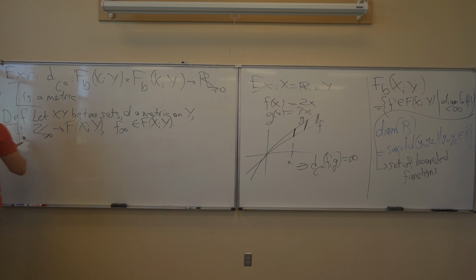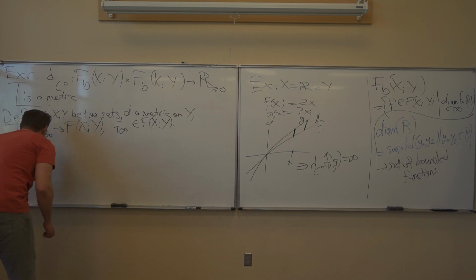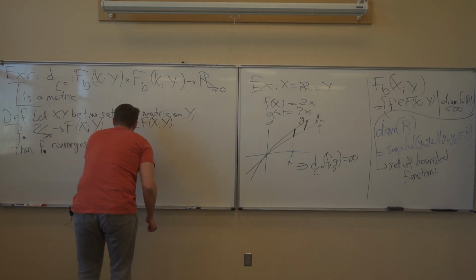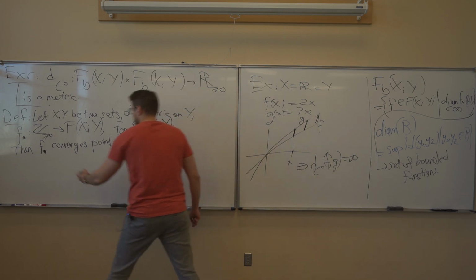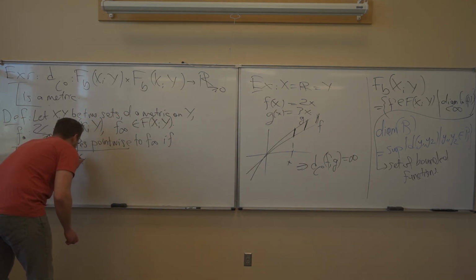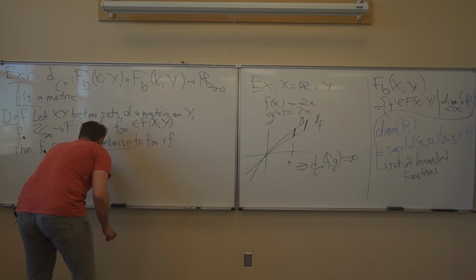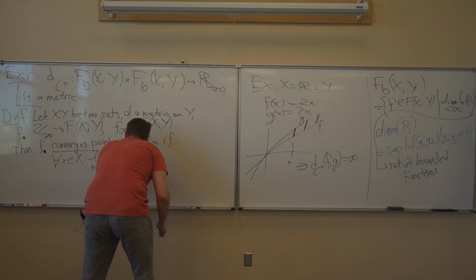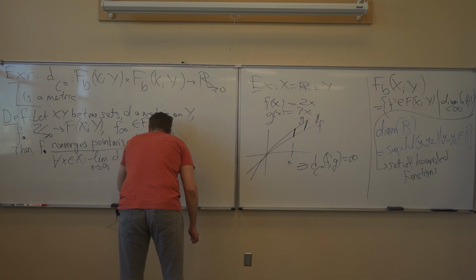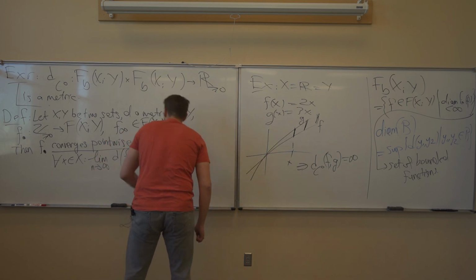I'm going to say that the sequence of functions f bullet converges to f sub infinity pointwise if the following happens. f bullet converges pointwise to f sub infinity if for any x in X, the limit as n goes to infinity of the distance between f sub n of x and f sub infinity of x is 0.